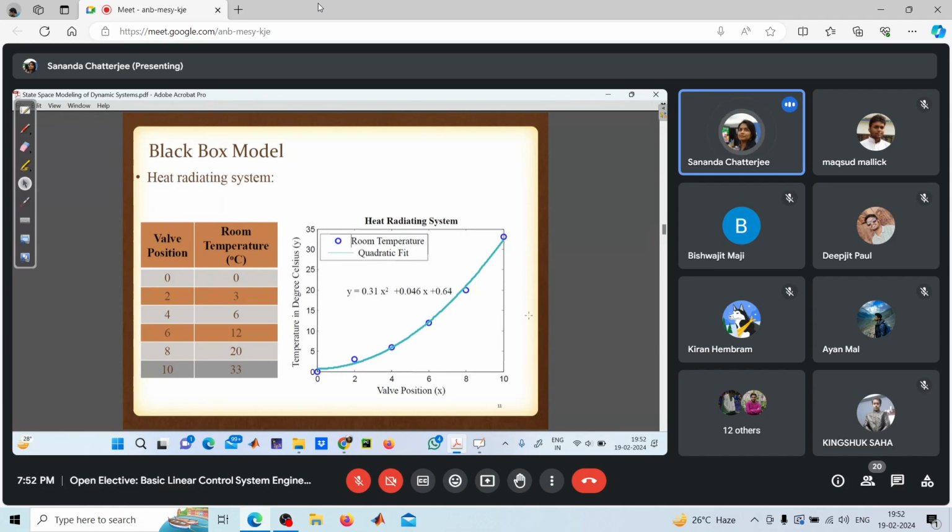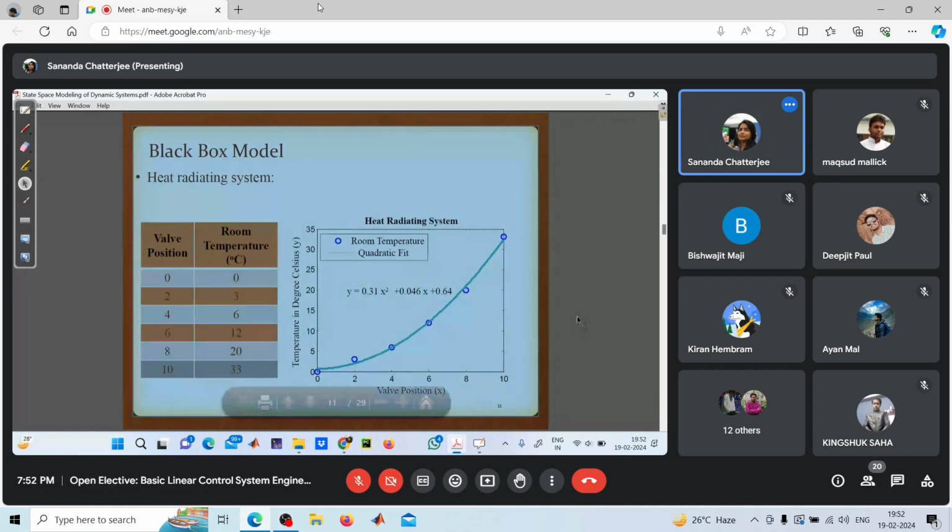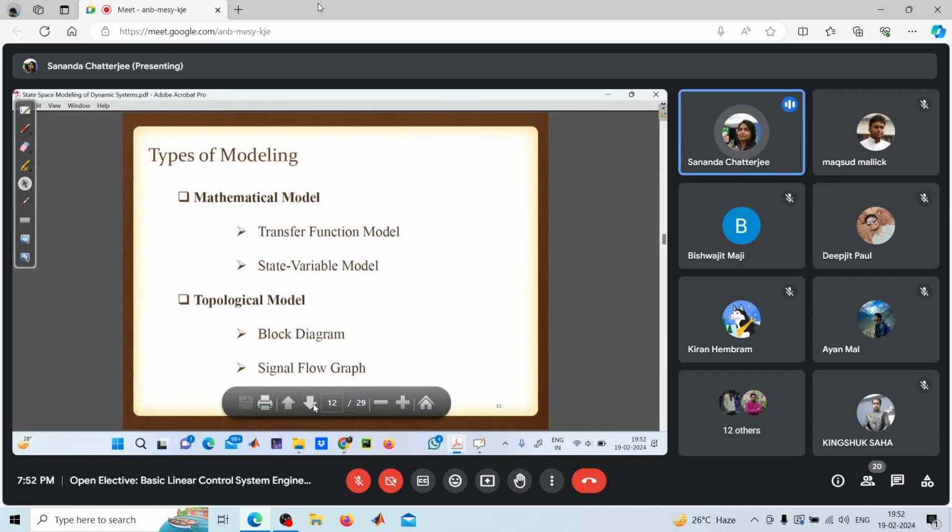Okay, so we will assume that we know the system parameters, the components that are involved in the system. We know their values, and we know the interconnection among them.